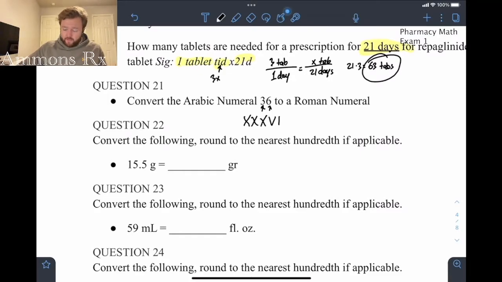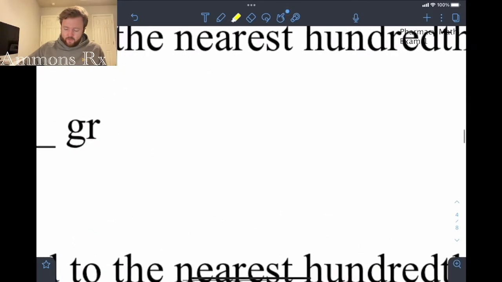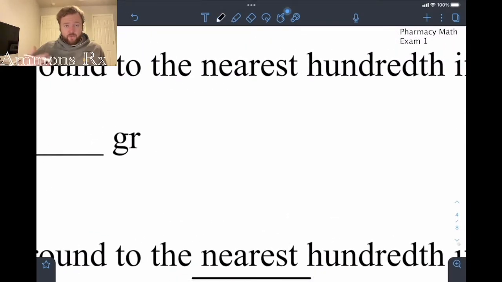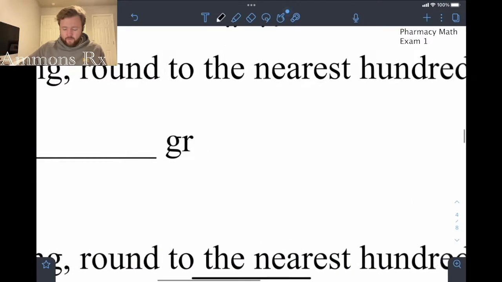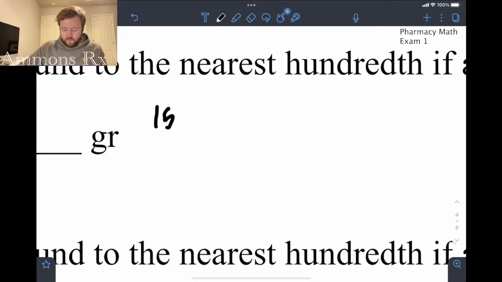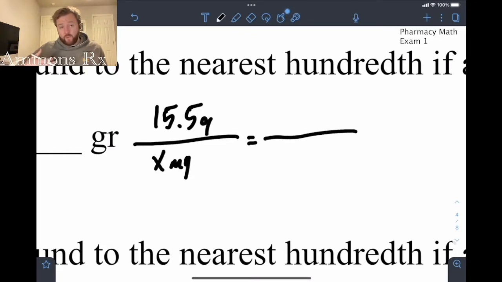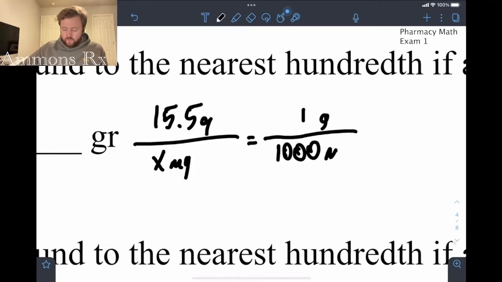15.5 grams to grains. Don't let that confuse you, because your conversion is in milligrams. You know that there are 65 milligrams to a grain, but we have 15.5 grams. So 15.5 grams is how many milligrams? You know that the word milli means 1/1000th.